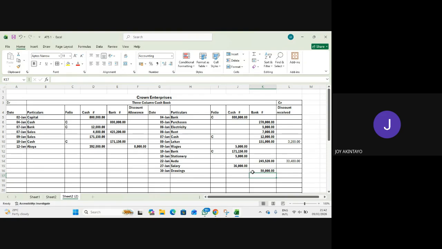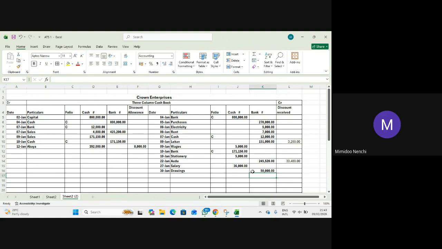So next thing, the last transaction for the month. What's the last transaction for the month?